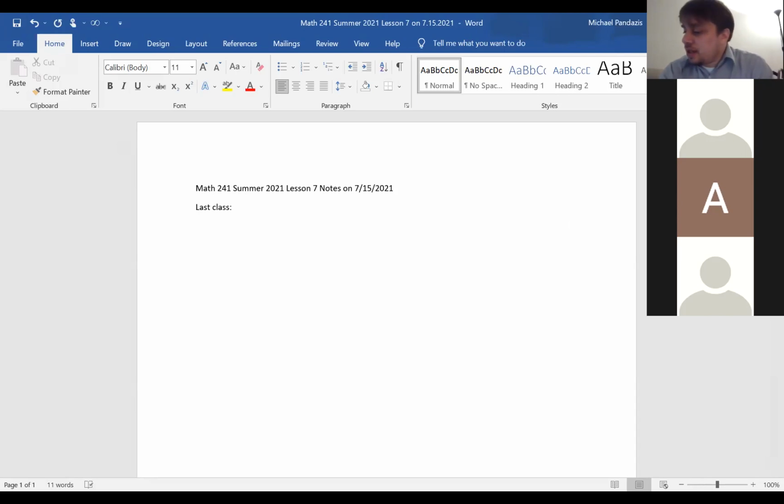Okay, so last class, we ended class with a discussion on the multinomial coefficient, right? It was a way of counting the number of ways to select elements from each of K groups, and we did examples using it.